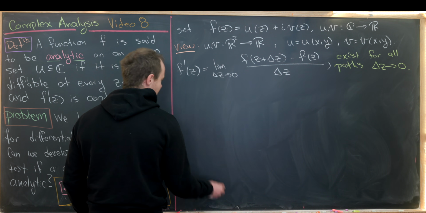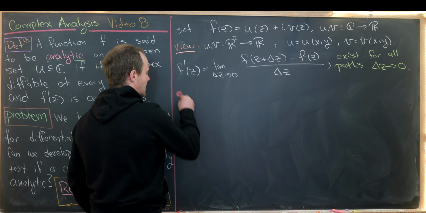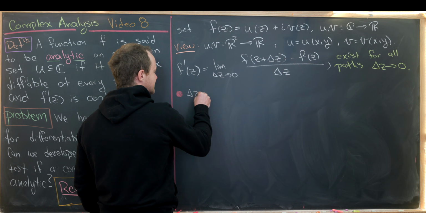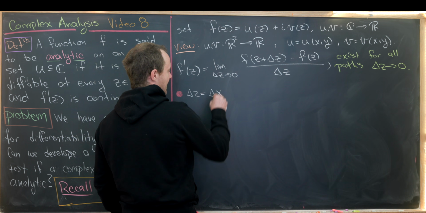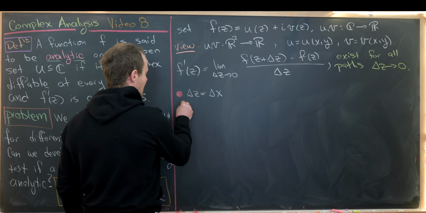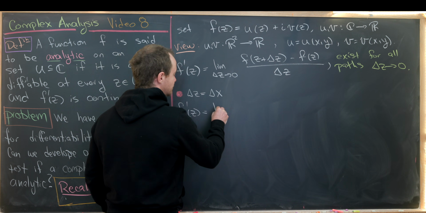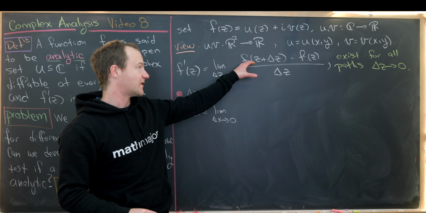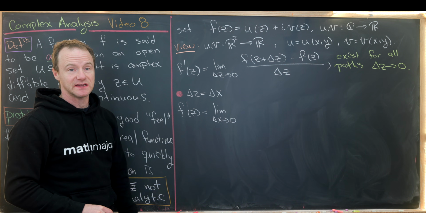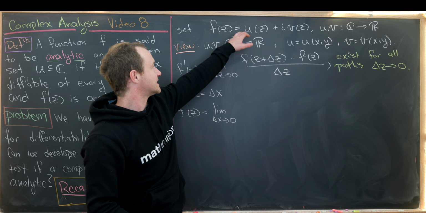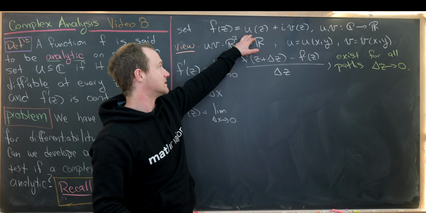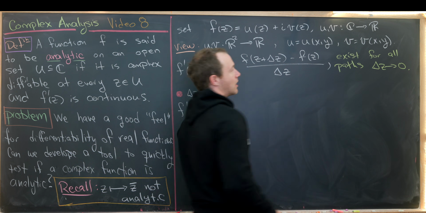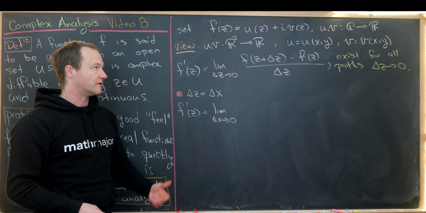The first path that we'll look at is what happens if we're coming in along a horizontal axis. So we'll take delta z and set it equal to delta x. Now f prime of z is equal to the limit as delta x goes to 0 of the same expression with delta x instead of delta z, but that's not super interesting. Let's use the fact that we have f decomposed into real and imaginary parts, and those are two variable real valued functions.